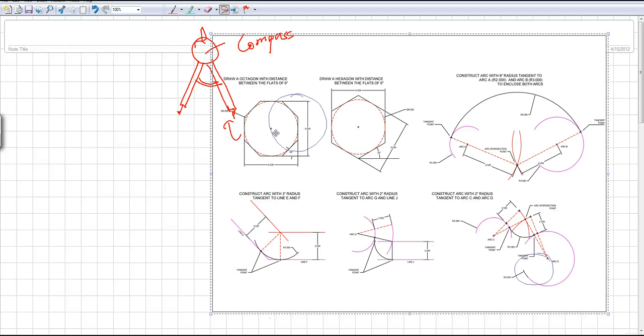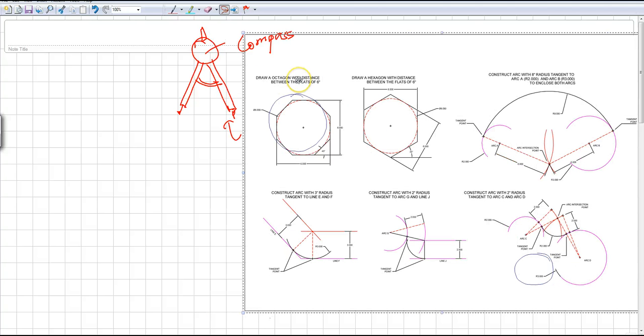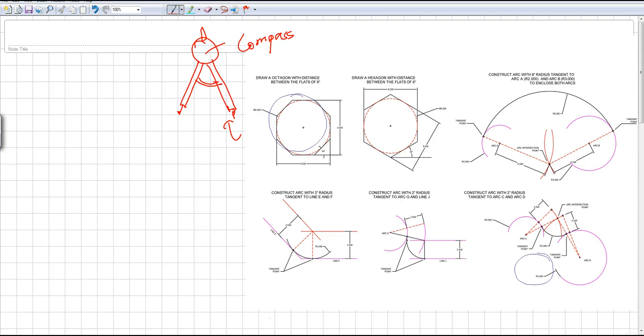So to start with an octagon, first thing I have to do is start with a circle. You see the dotted line over here, which is the diameter of the octagon, which is for 6 inches flat, right? So I'll use a circle of diameter 6 and draw my circle first. Let's try to stay within the scale.